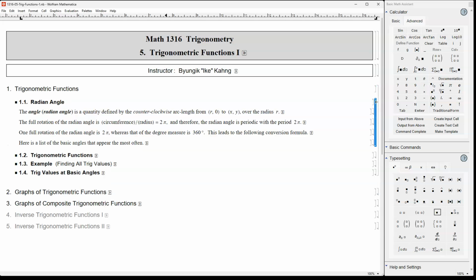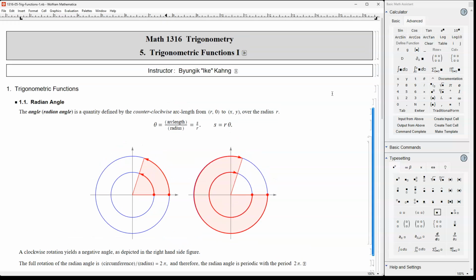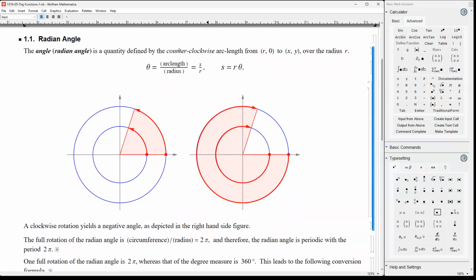What's the starting point of the variable? Our independent variable, the radian angle. That's the starting point. I hope everybody remembers the definition. Theta is S over R, the arc length over the radius.